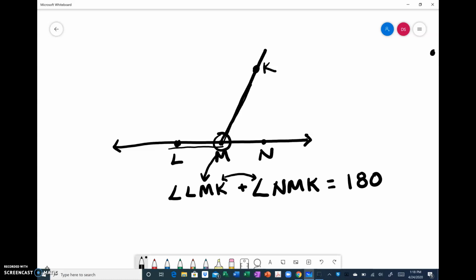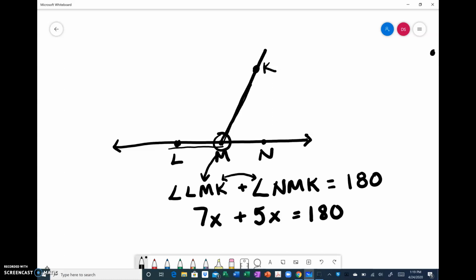You're given these variables that are written there. So I try to make a habit of saying, plug in what you know. What do you know is the measure of LMK? Well, it tells you that it's 7x, and that's a little foreign to what we're talking about, but this is how you're going to solve this one. Plus, what's the measure of NMK? It is 5x. And those 2 together will equal 180.